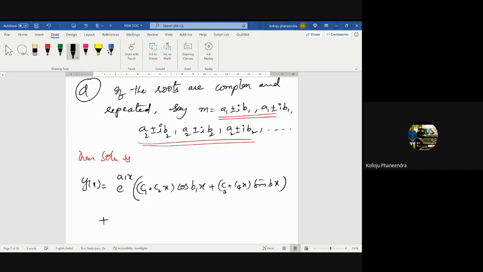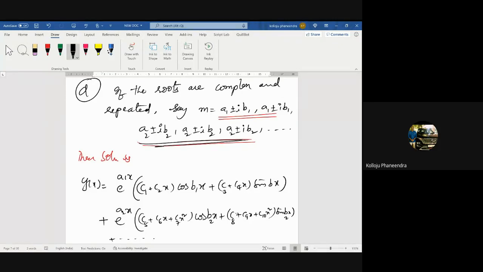Coming to the 3 times repeated root, e power a2x is the real part. Therefore c4 is already over, so c5 plus c6x plus c7x square into cosine b2x, and the same way c8 plus c9x plus c10x square into sine b2x, and so on, like this.